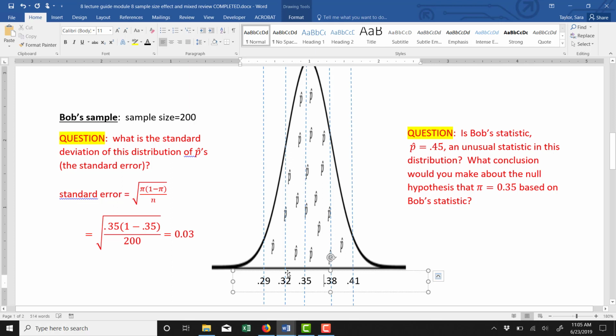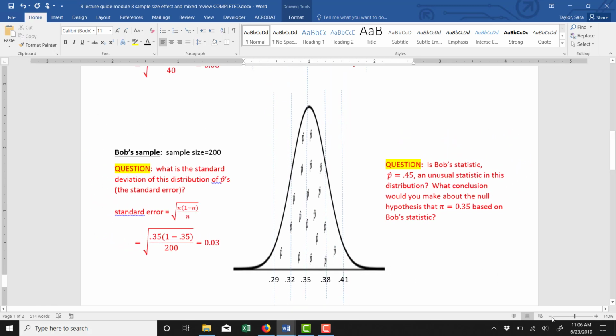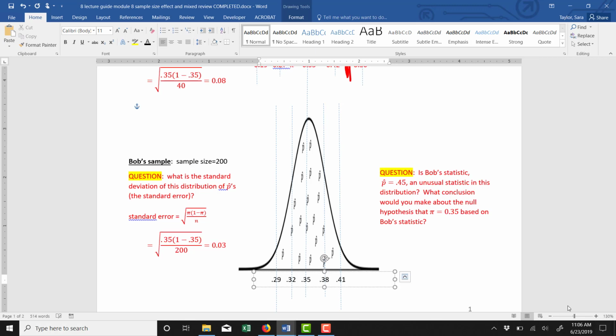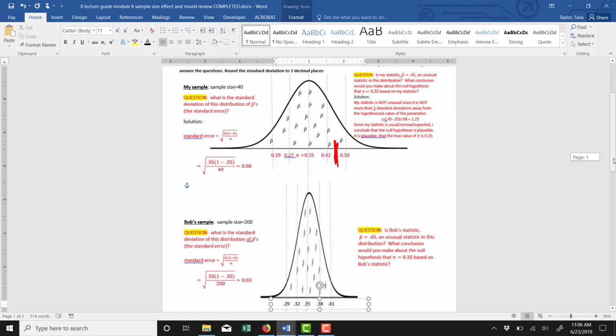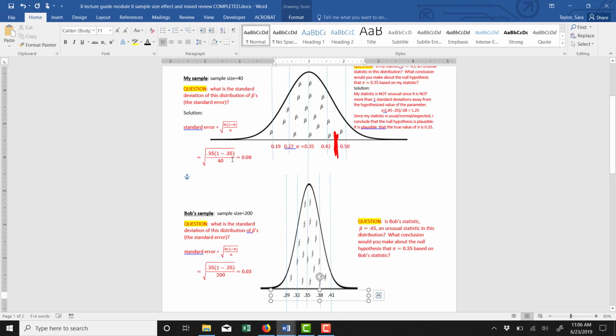So notice there's a much smaller range of what we expect to get for sample statistics. The distribution of sample statistics is much narrower than it was when we did the sample with sample size 40. Let's just compare those directly here. So notice above, when the sample size was 40, this distribution was more wide, more spread out.